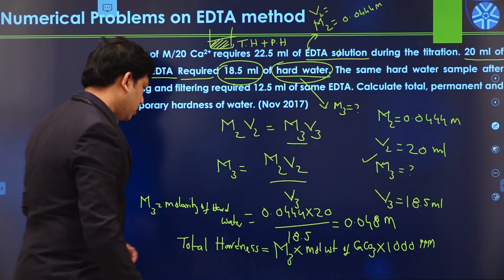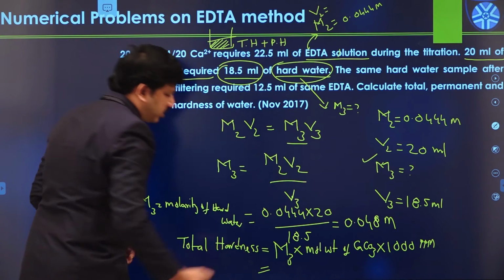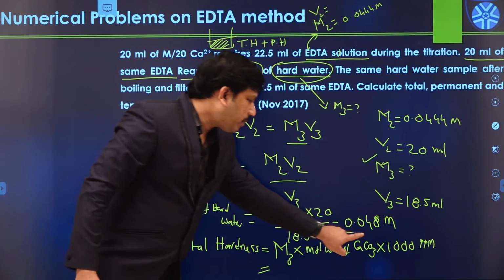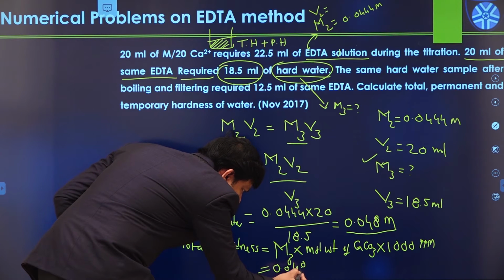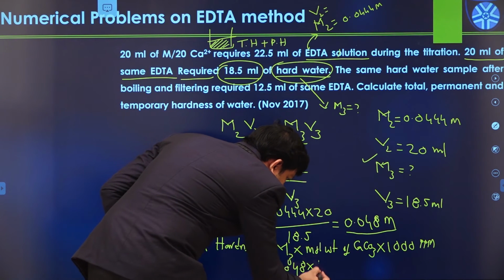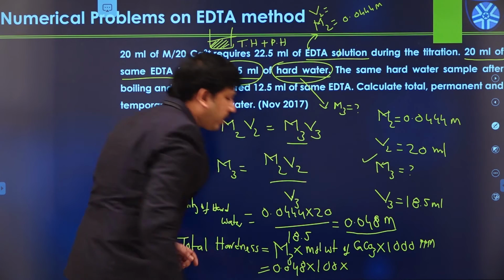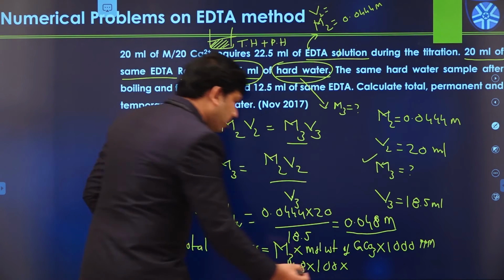Now substitute the values here. What is the M3 value? 0.048 into 100, since the molecular weight of calcium carbonate is 100, and 1000.